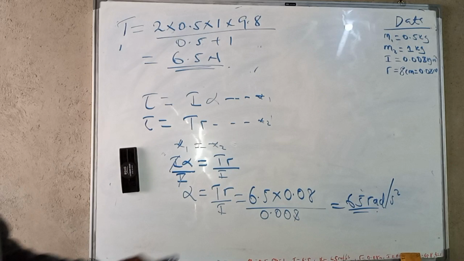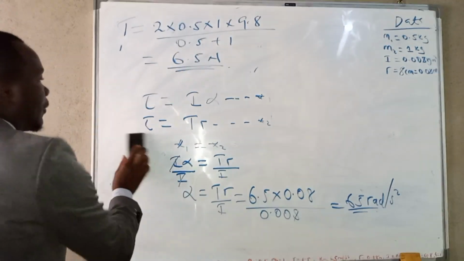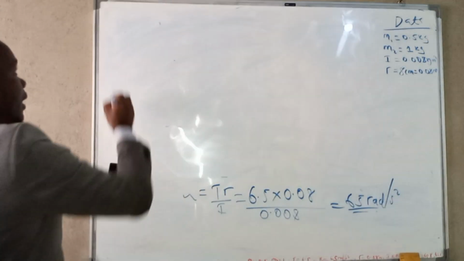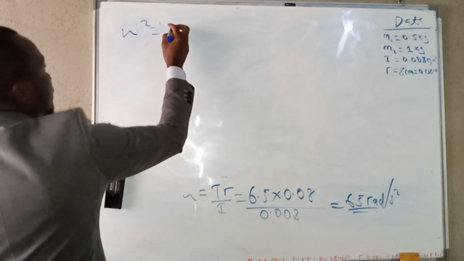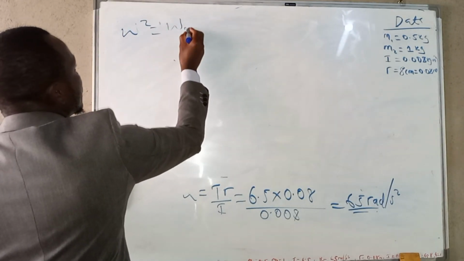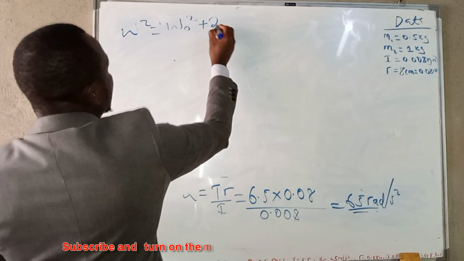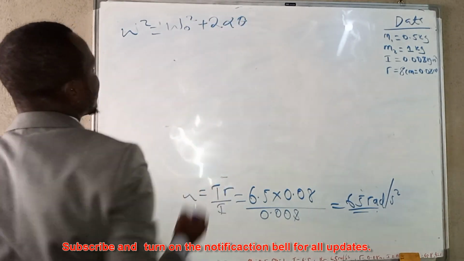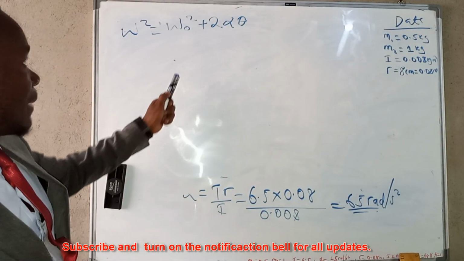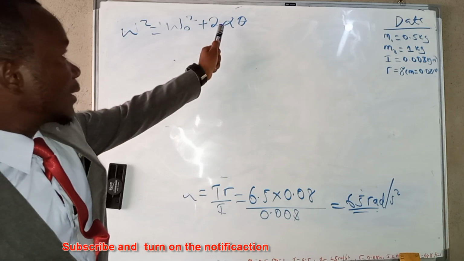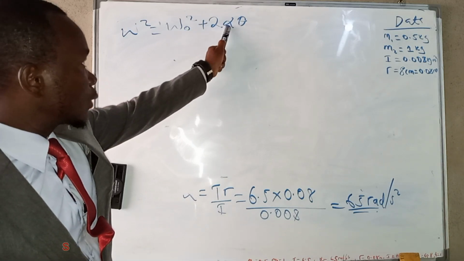Now, having solved this, we know that omega squared is equal to initial omega squared plus 2 alpha theta. Since it is coming from rest, the initial omega is 0. Alpha we have.